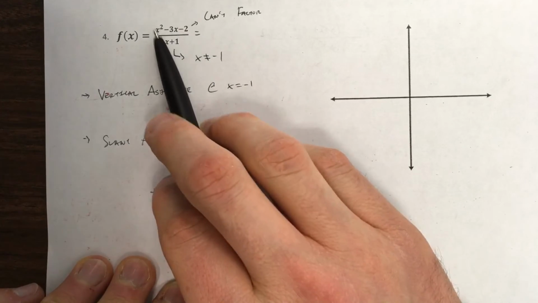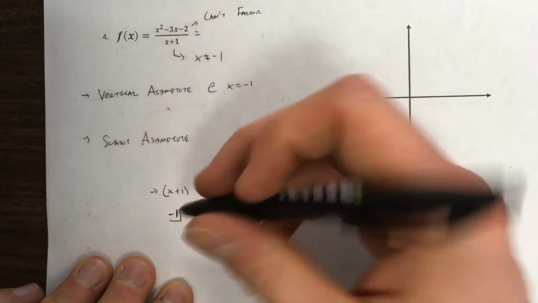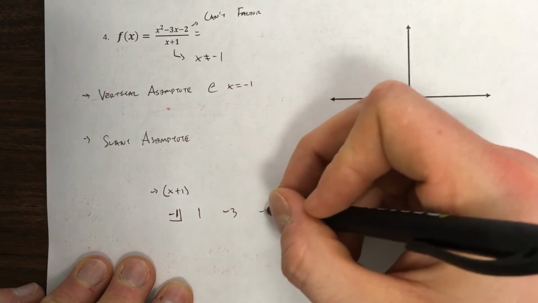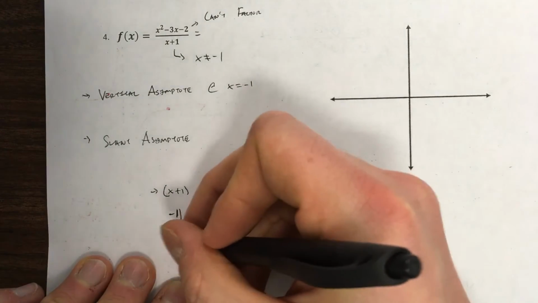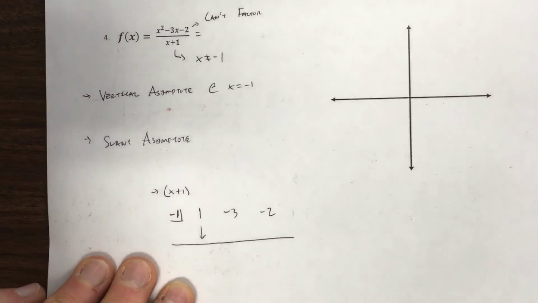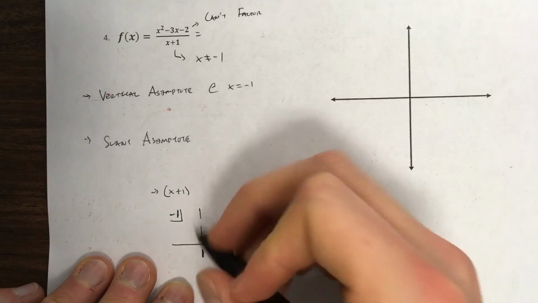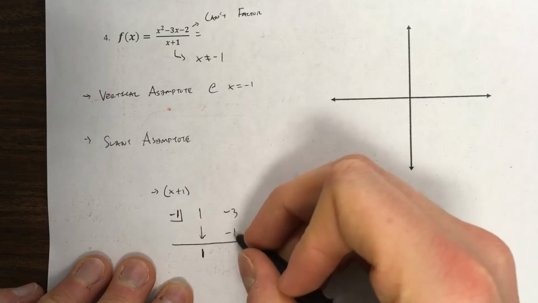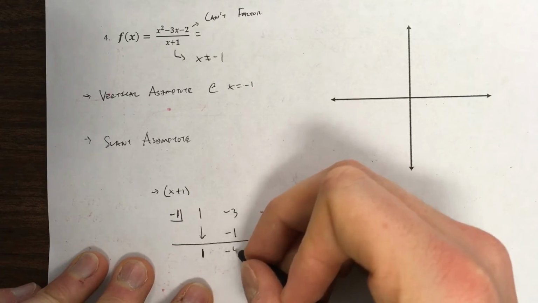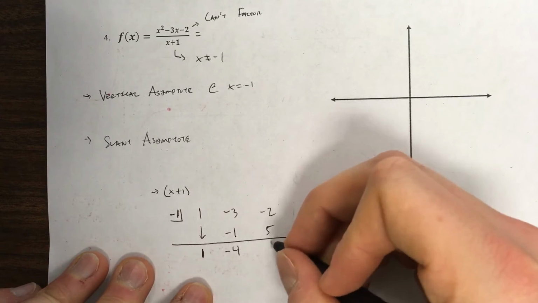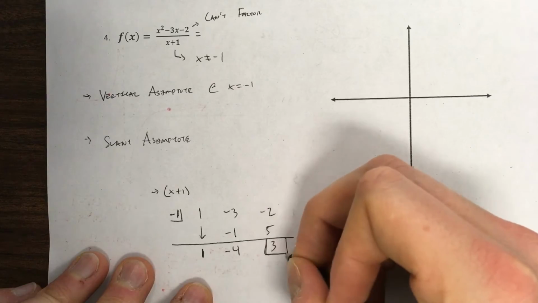So our coefficients will be 1, -3, and -2. So we can drop down this 1, 1 times -1, add these two to get -4, then -2 minus -4... and get 3.